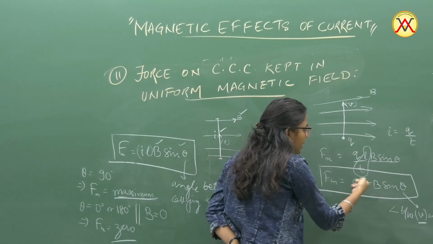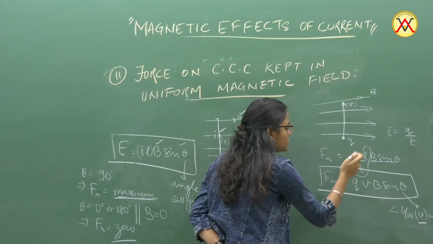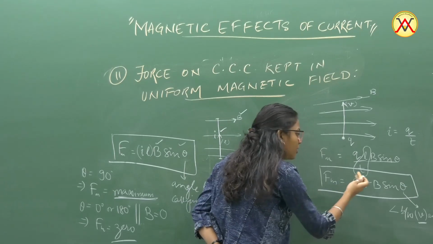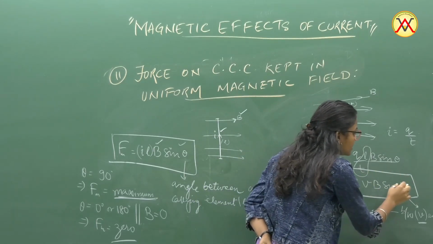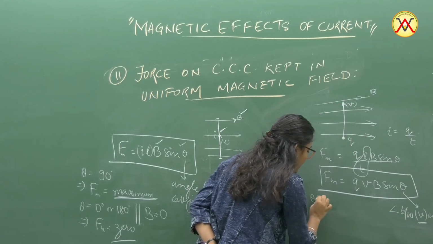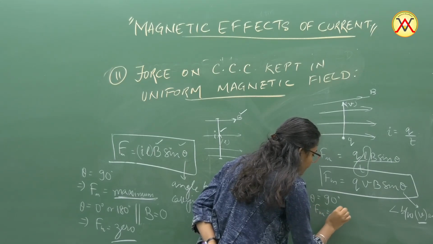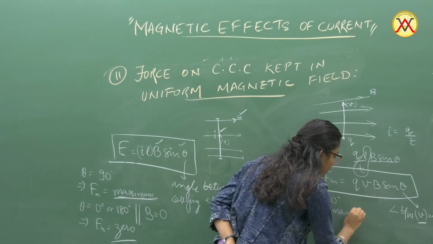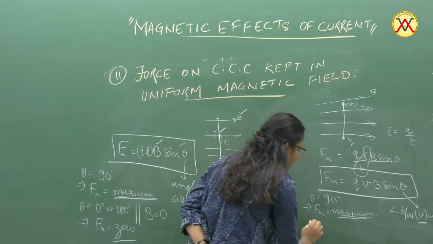Alright, first let's go to the maximum value case. In this case, when theta equals 90 degrees, same as before, magnetic force will be experienced to its maximum value.